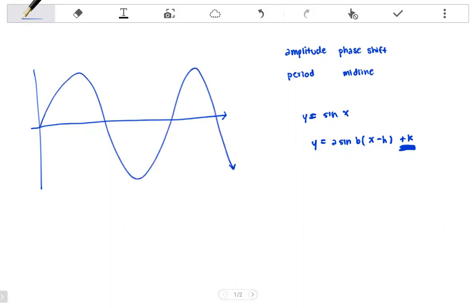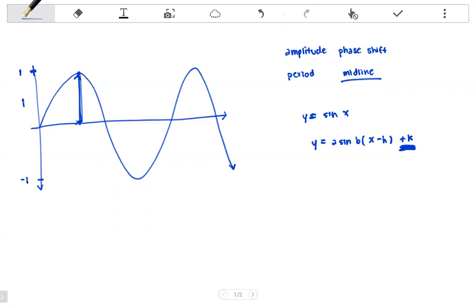The amplitude is very similar to the midline. So the midline is just the line that's in the middle, right? Well, the amplitude is this distance from the very maximum to the midline. It's this distance right here. So if we know the midline, it's very easy to figure out what the amplitude is, right? So if we have a normal sine graph, this is 1, this is -1 right here. And the amplitude is going to be what? This distance, so it's going to be 1.